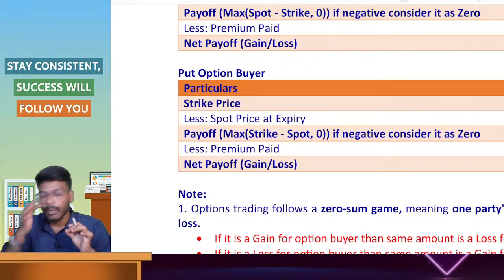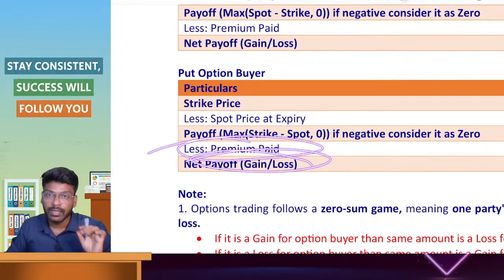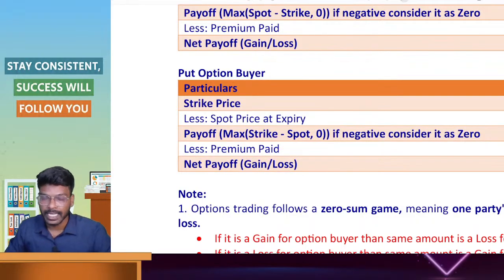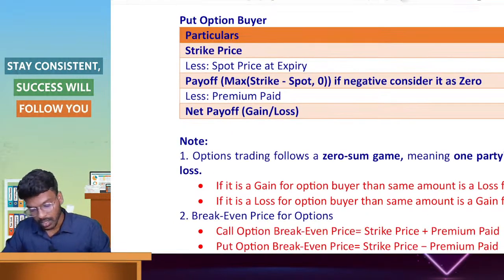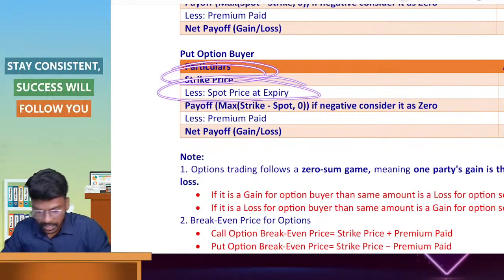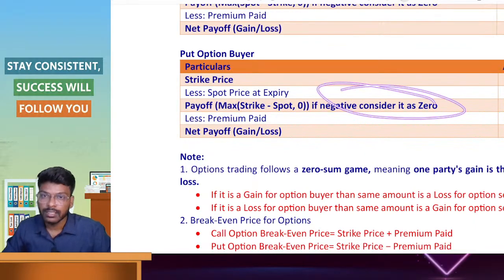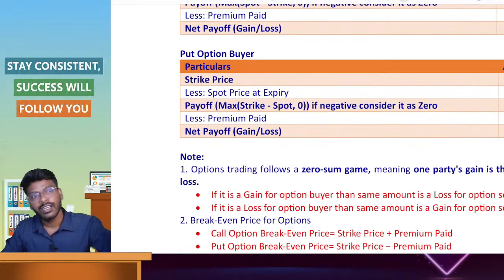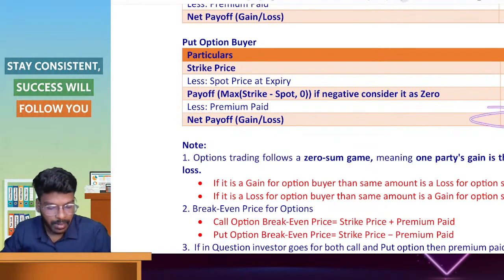The minimum payoff can be 0. The maximum loss can be the premium amount paid at the beginning. If a negative amount is coming, the option will not be exercised. Less the premium amount paid, you will get a net amount.